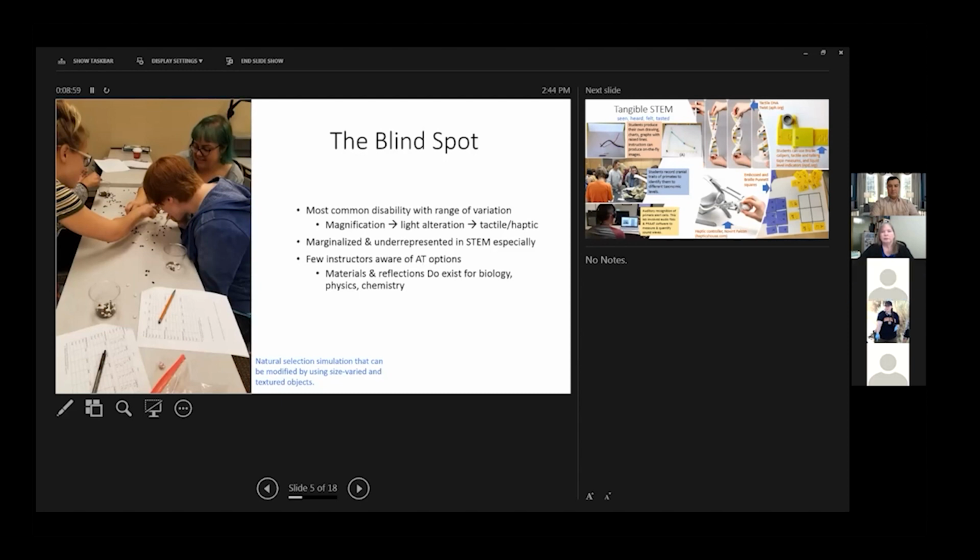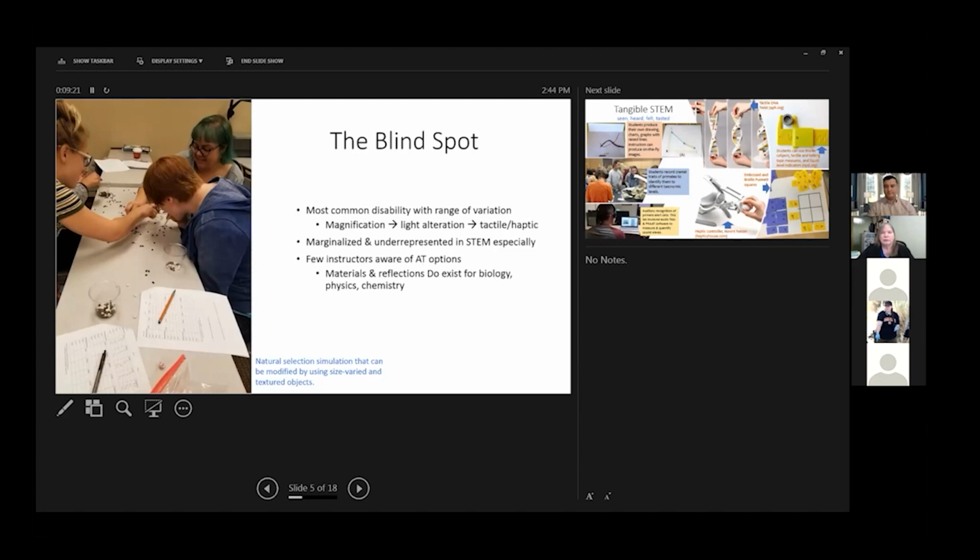They're definitely marginalized and underrepresented, particularly in STEM. And that is because sciences are generally thought of as being things that you need to observe. And so most of the teaching involved with STEM is based on observation, and so it creates a lack of materials.